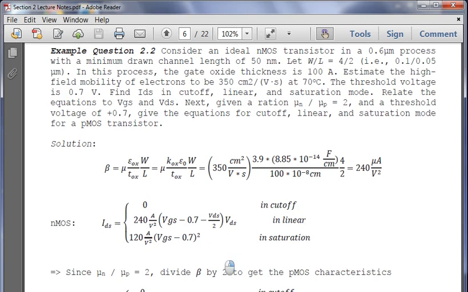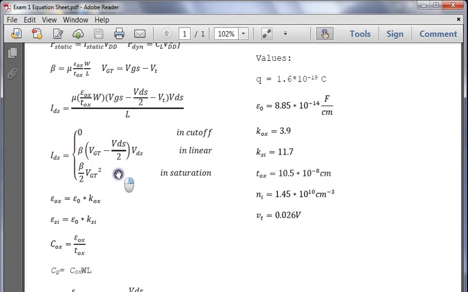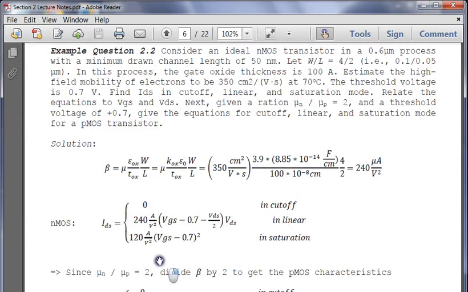For saturation, it's beta over 2 times VGT squared, which is just VGS minus VT. Again, we divide 240 by 2, and we get 120 times gate source voltage minus 0.7 squared. The simple way to do this for PMOS is two steps.